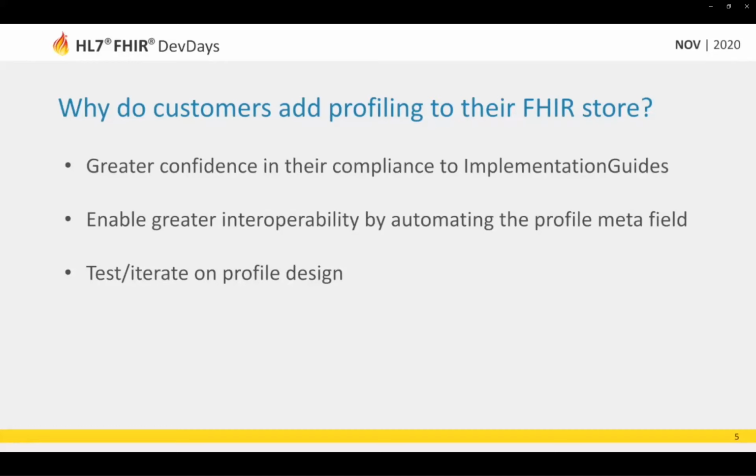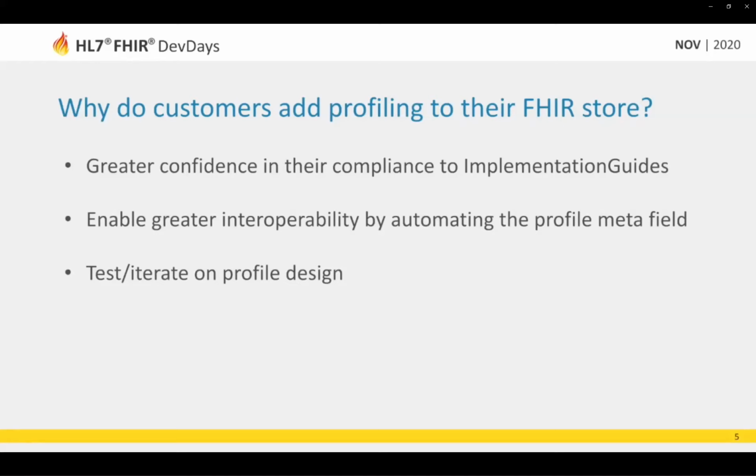It also can enable greater interoperability by automating the profile's meta field. So the meta field can represent or include what profiles a resource claims to conform to. So if you want your store to conform to US Core, you would need to specify this in every resource.